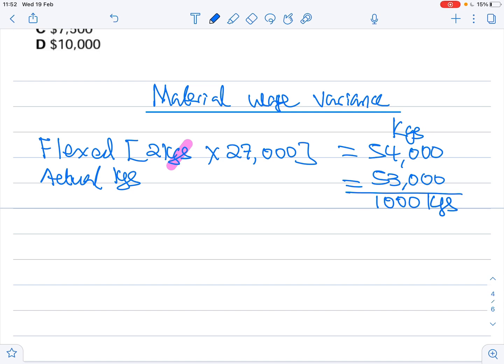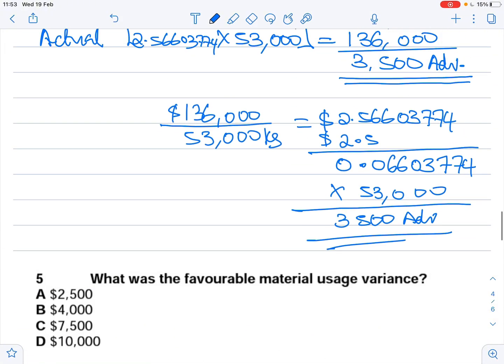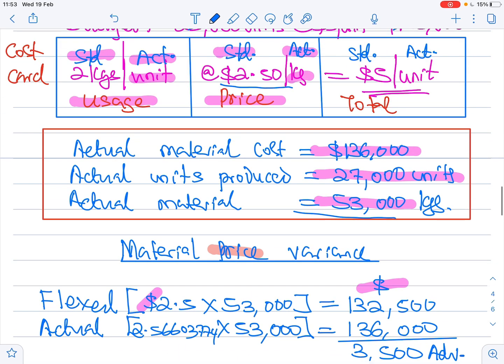Okay, now we cannot stop here because all variances must end up in dollars if this will make some meaning to us. So what do you do? You need to go back to the cost card and ask yourself, how do we turn these 1,000 kgs into dollars? So the difference is in kgs. Ask yourself this question.